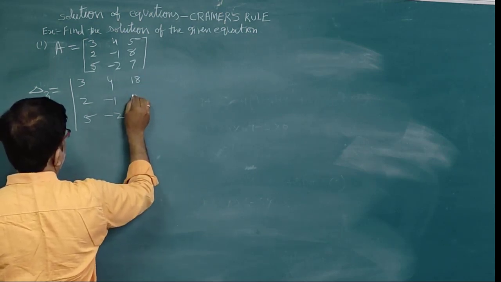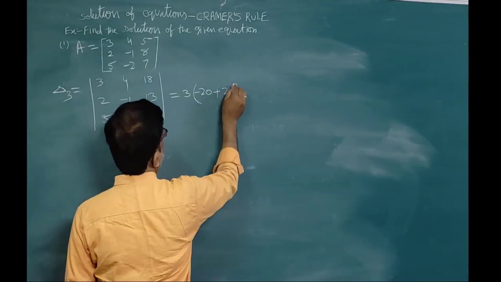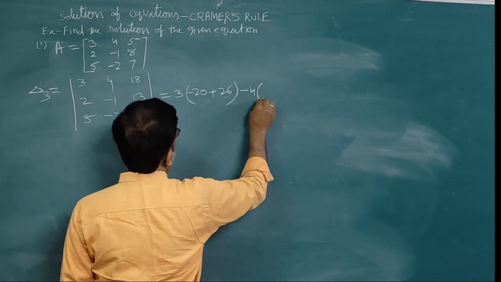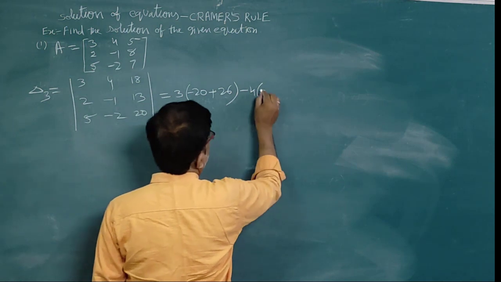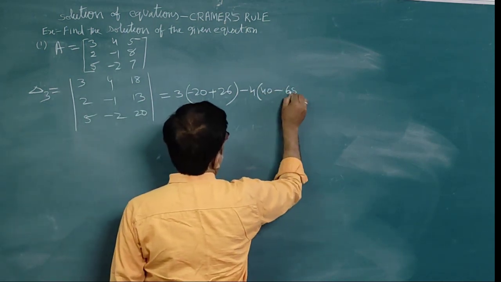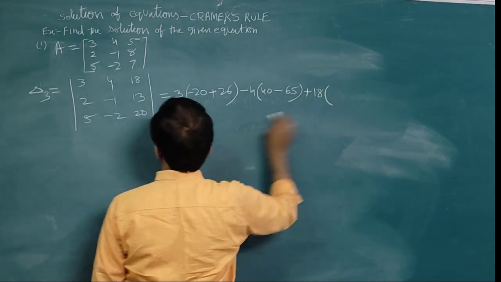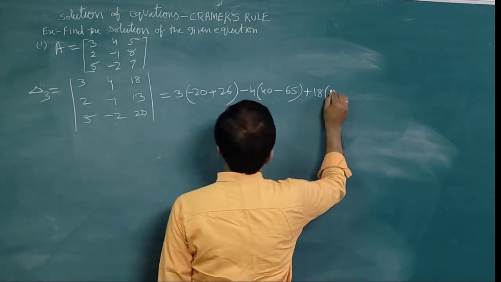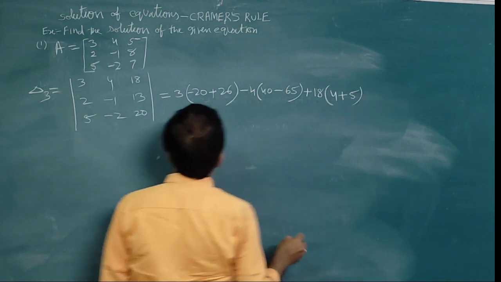18. 26 minus 4 into (40 minus 65) plus 18 into 4 plus 5.